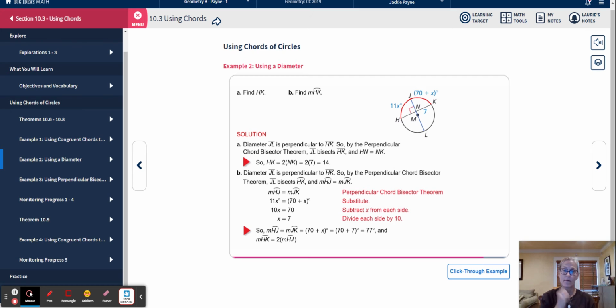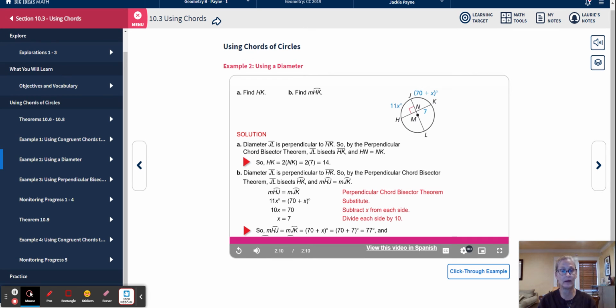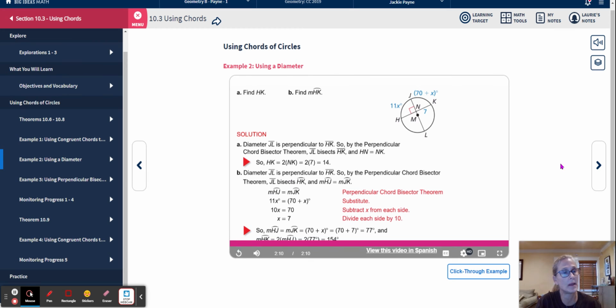Because the measure of arc HJ is equal to 77 degrees, this is equal to 2 times 77 degrees, which equals 154 degrees. This is another example where you have to be very careful about answering the question being asked. Even though we solve for x, and then you solve for one arc, the question said, find HK. So make sure you are answering the question being asked.